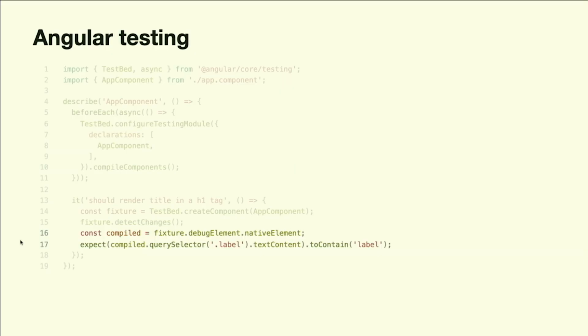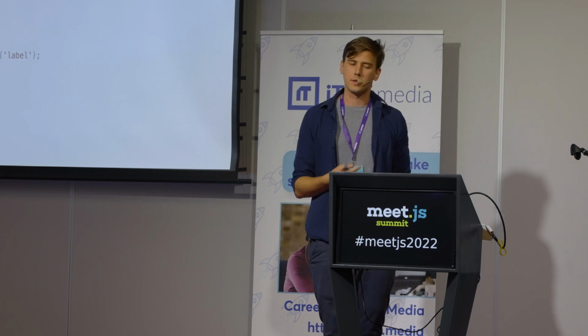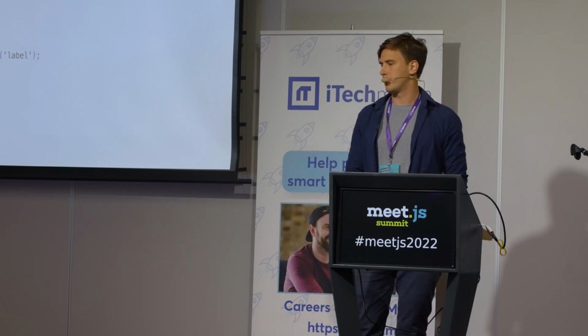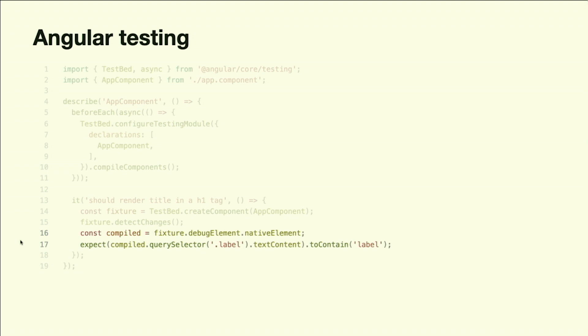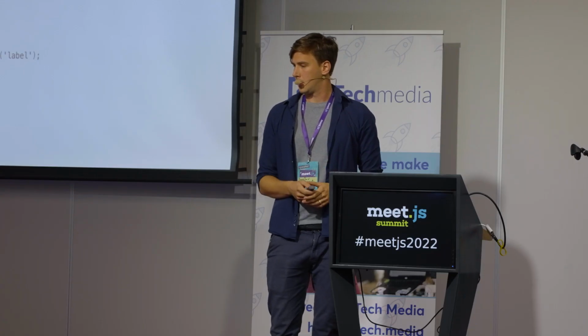Long, unintuitive, not readable, and by default it runs on Karma and Jasmine. If you have argued someday with an Angular developer, ask him about unit testing of the component. You should win that one.